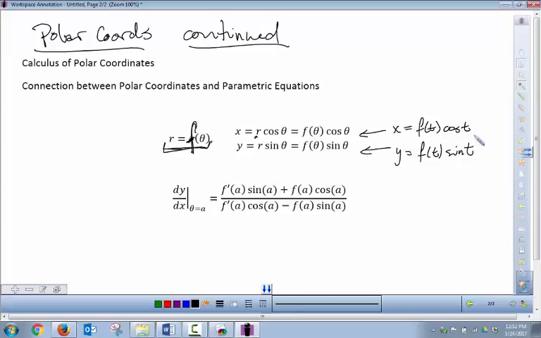So if we're used to parametric equations as functions of t, then we can just replace the function with t.